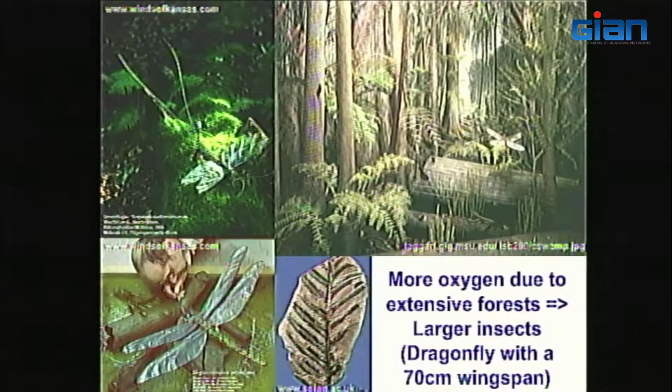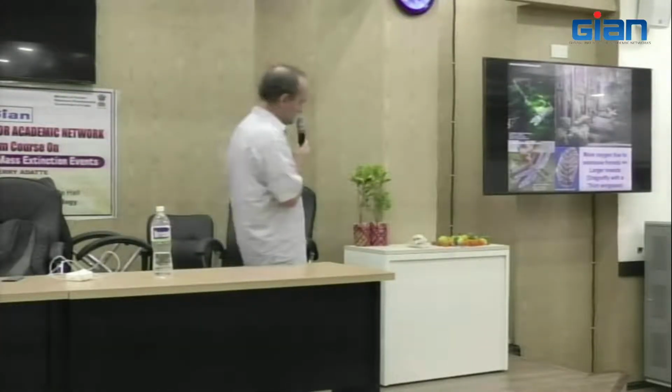And this is a view of that period on the continent. So we have a huge forest, and the main part of the coal reserves of the world come, not from India, but from France, Europe, Germany, the US, from the Carboniferous plants, okay?